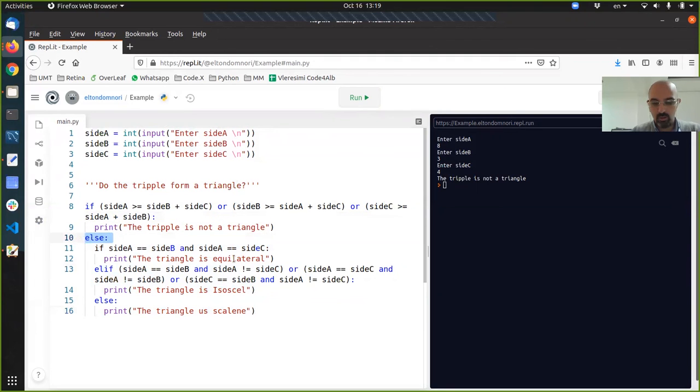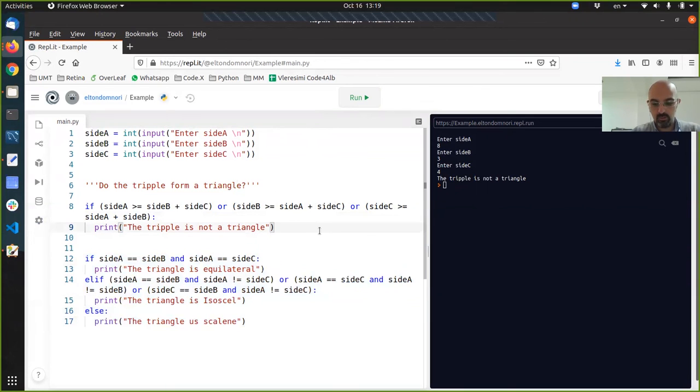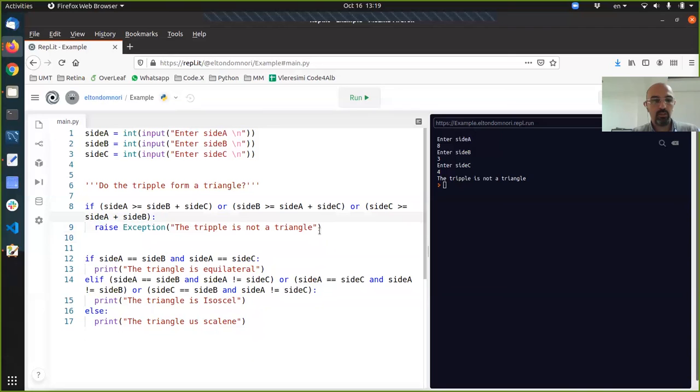Another option in order to interrupt the execution is to raise an exception with a message. Instead of printing this message, we can raise the exception, and the exception interrupts the execution of our program.